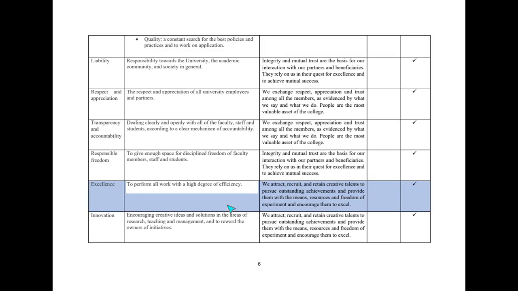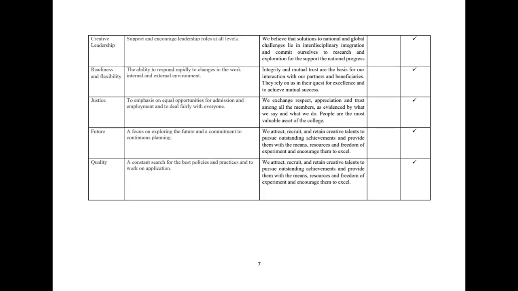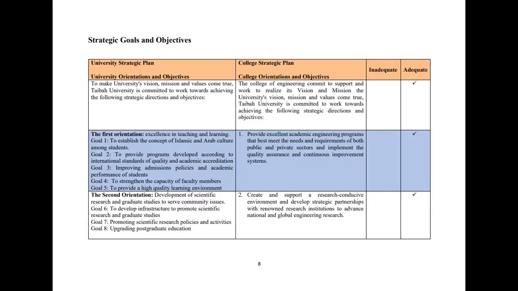institute. Now we move on again to the values, and we can see here the map of the excellence in the table here. Now we move on to the fourth step of the strategic planning process, which is the objectives and goals.